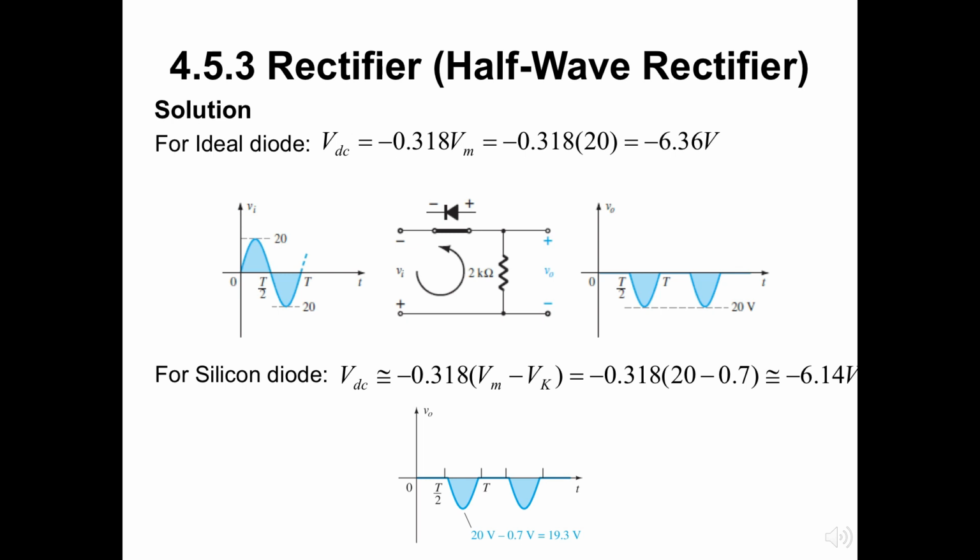For a silicon diode, the output has the appearance of the bottom figure and VDC is approximately minus 0.318 by Vm minus 0.7 volts. We get minus 6.14 volts for the VDC.